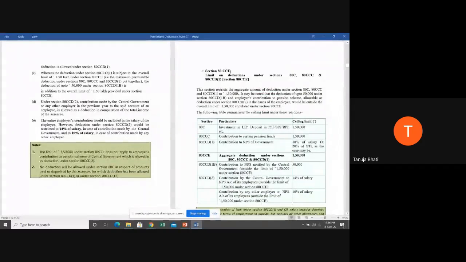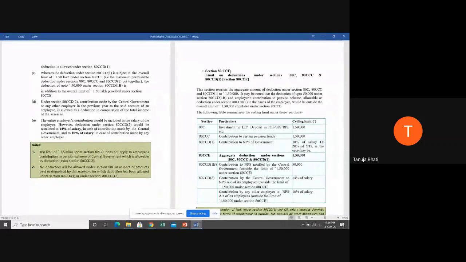Okay. Next, section 80CCE. Now what is section 80CCE? It says that whatever contributions you are making under 80C, 80CCC and 80CCD, the total of that should not exceed 1,50,000. This is all section 80CCE is saying.